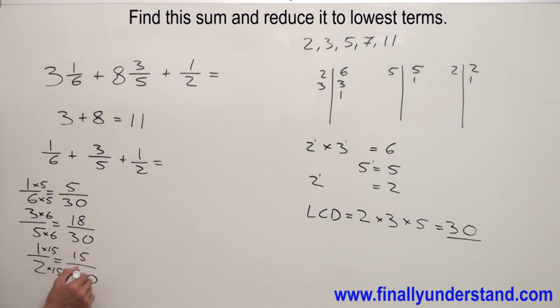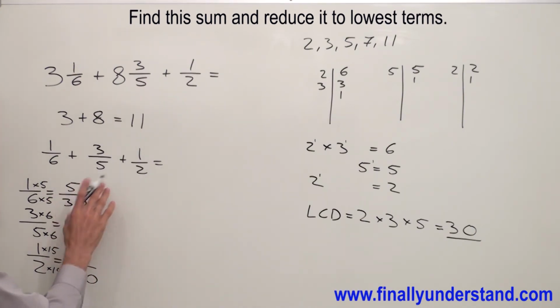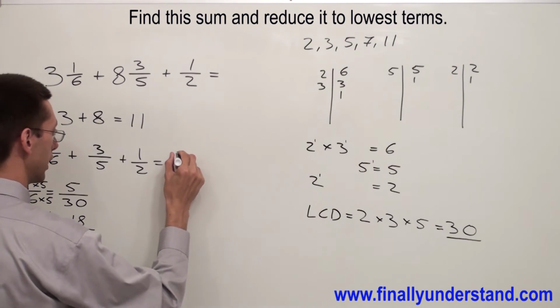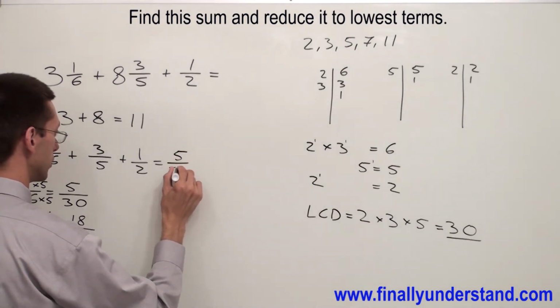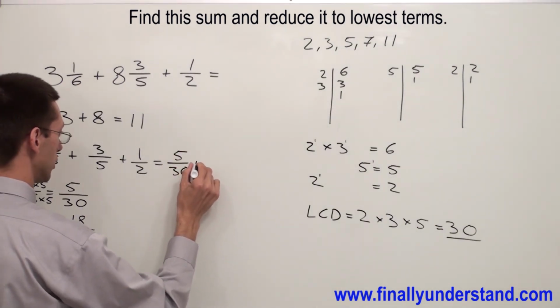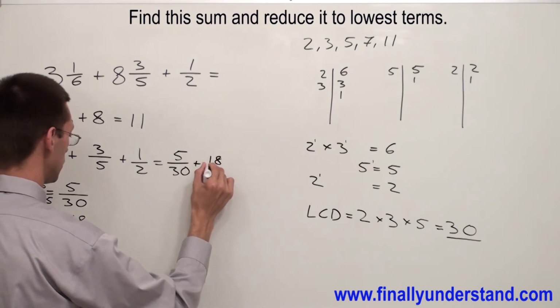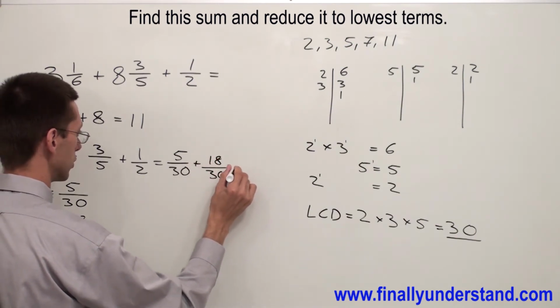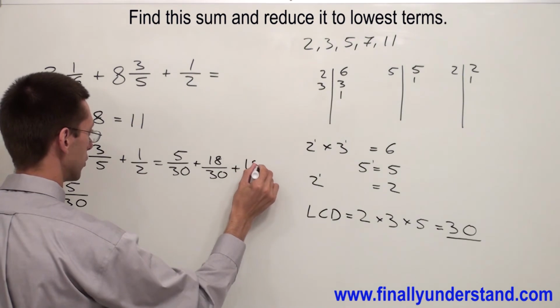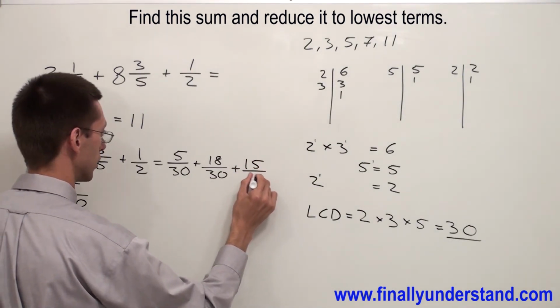So this is 15. So let me just copy these equivalent fractions into my problem. I have 5 over 30 plus 18 over 30 plus 15 over 30.